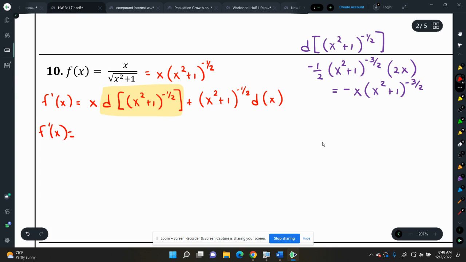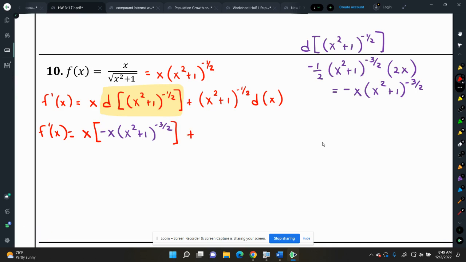So f prime of x equals x times, and we're going to bring that over, negative x times x squared plus 1 to the negative 3/2, plus, what's the derivative of x? 1. So it's just plus x squared plus 1 to the negative 1/2.